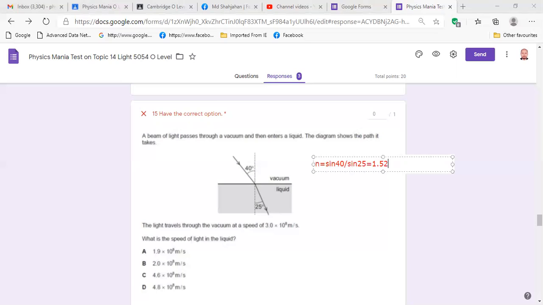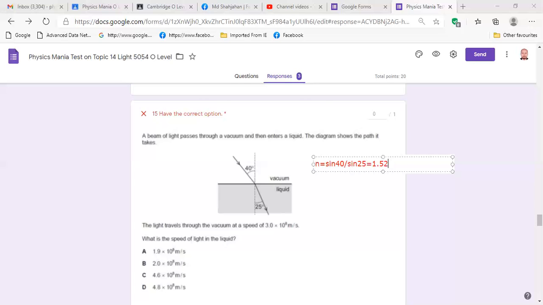Any other speed. So we understand that C and D will not be the answer because the ratio will be less than 1, isn't it? Yes, sir. Because the ratio we got is the speed of light in vacuum and the speed in the other medium.